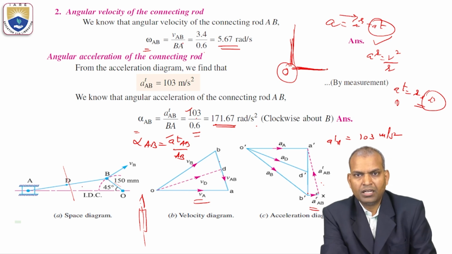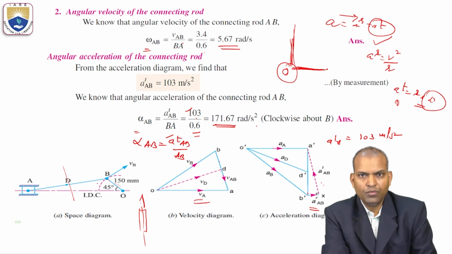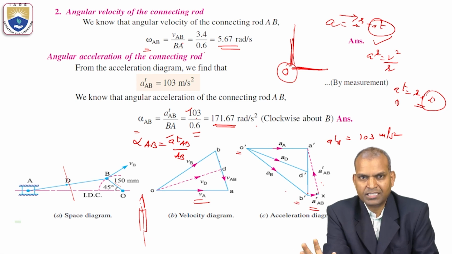Again, for AB, there are two components. One is radial, the other is tangential. The radial is parallel to the configuration link AB, and the tangential is normal to link AB. Now here, for the portion O dash B dash, the total acceleration is radial acceleration.